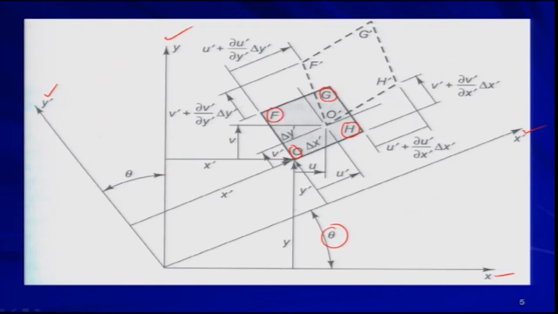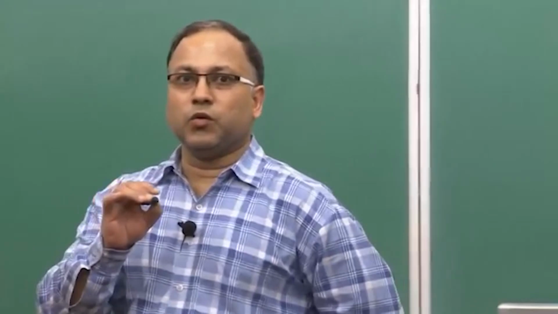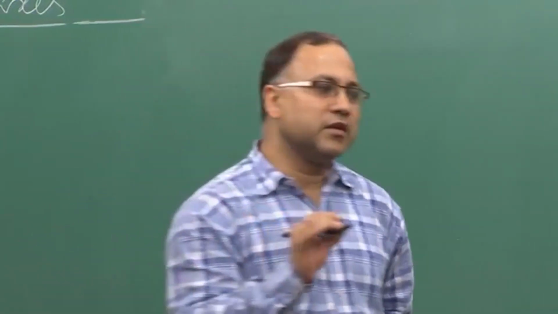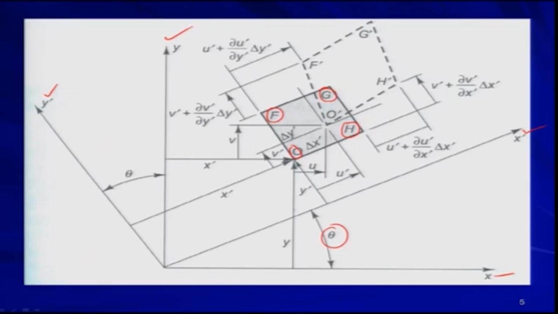This is the body, oriented in the x prime, y prime coordinate system, and everything is defined, that means all the displacement vectors and lengths are defined in terms of the x prime, y prime coordinate system. This is the point O, and after deformation it takes the shape O prime, H prime, G prime, F prime.